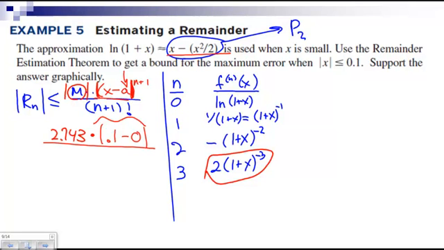And then we'll take this to the n plus 1, which is going to be 3. Why did we go up to 3? Because the polynomial that we're using to estimate the function is second order, so we have to go one higher. Got it. So we're taking this up to 3, and then we're going to divide by 3 factorial.